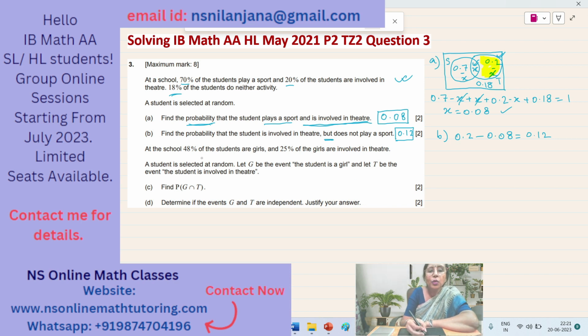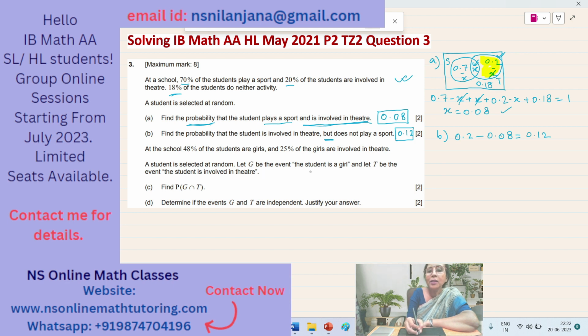Now, at the school, 48% of the students are girls and 25% of the girls are involved in theater. Okay. And a student is selected at random.